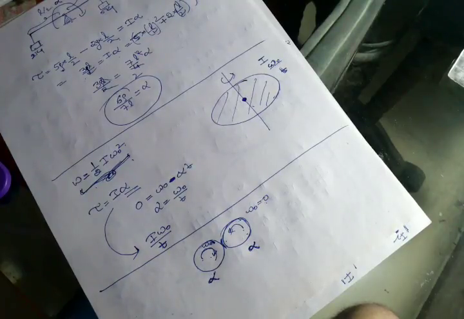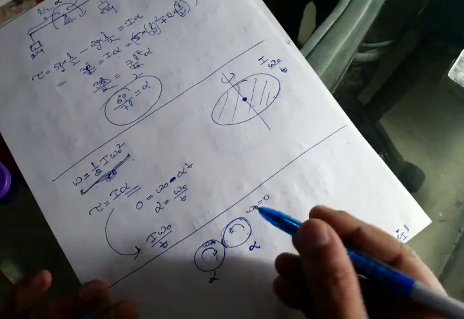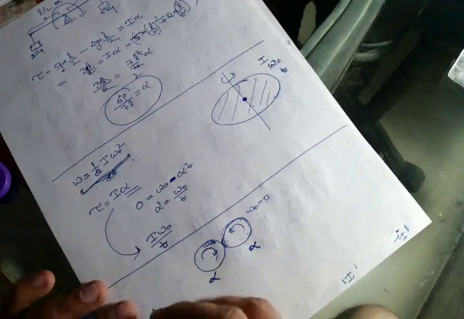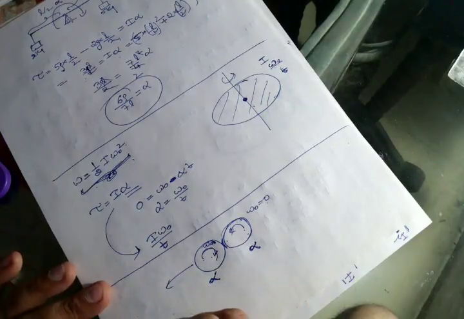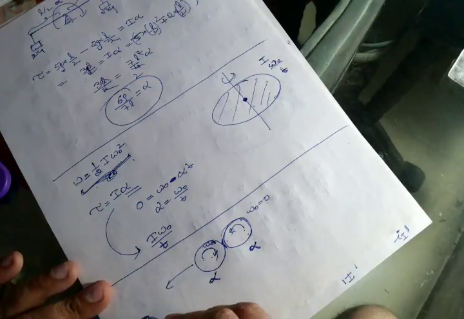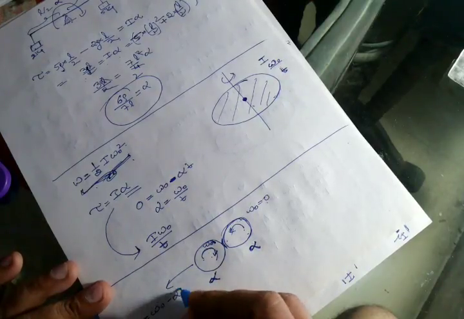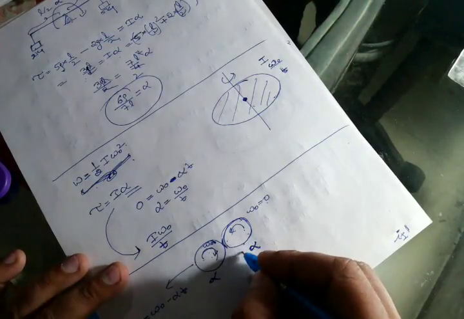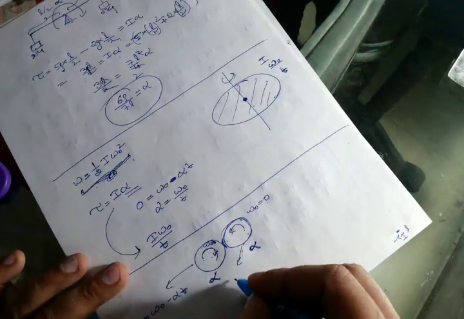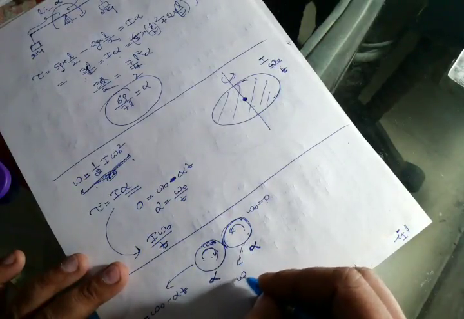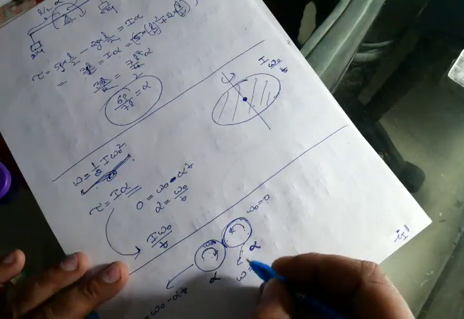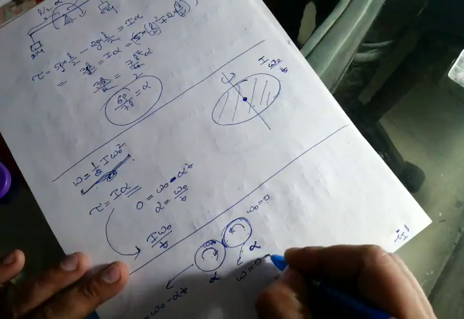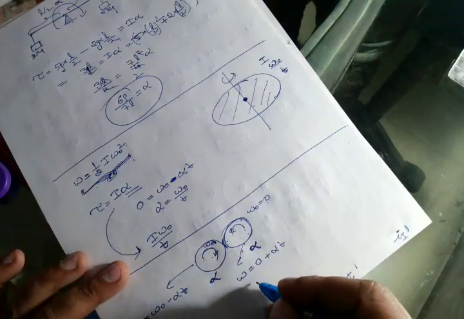So I want to find out the time when they both have the same angular velocity. Let omega be the final velocity. So for this one, it will be omega naught minus alpha t. And for this one, omega, the final velocity, is equal to 0 plus alpha t.